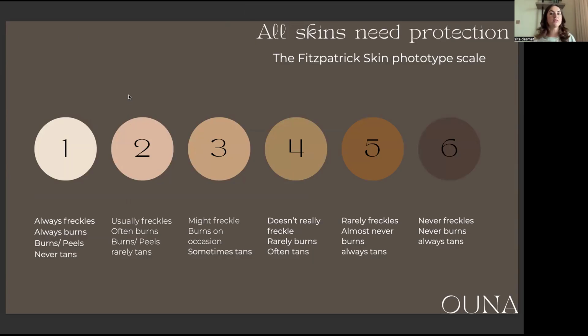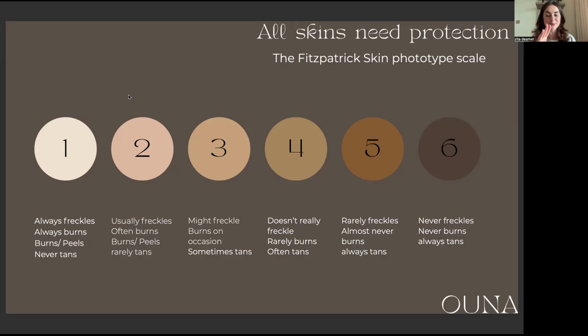There's something called the Fitzpatrick skin phototype scale, and that puts all skin colors and skin tones into 6 categories. So you have phototype 1, 2, 3, 4, 5 until 6. And this is how we decide what phototype you are.